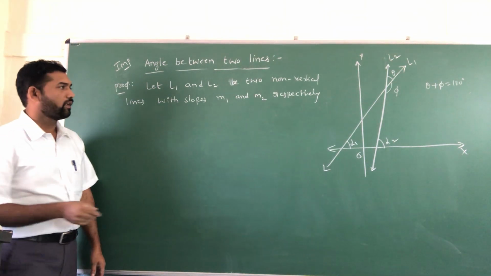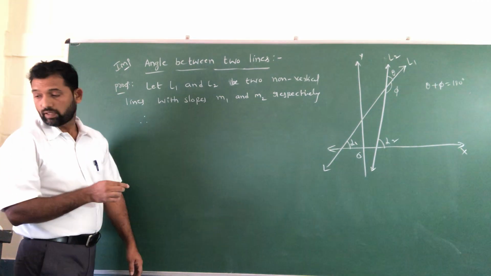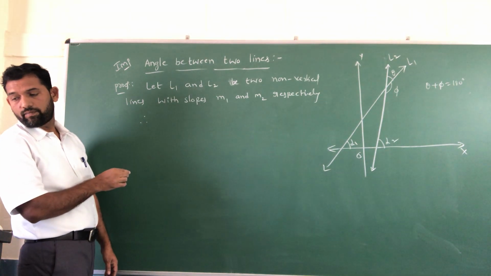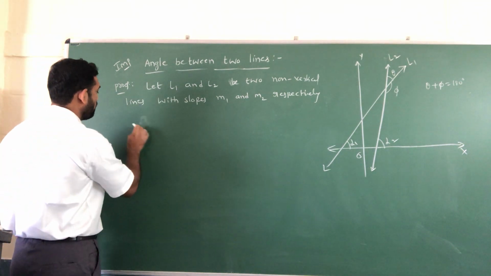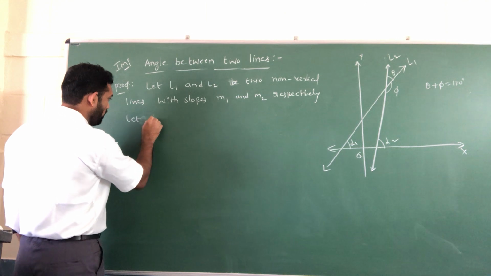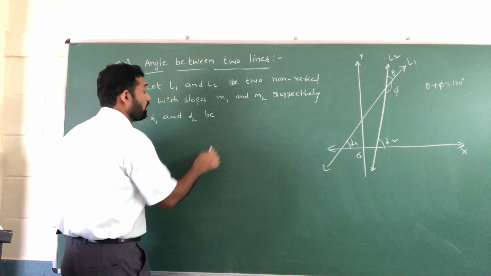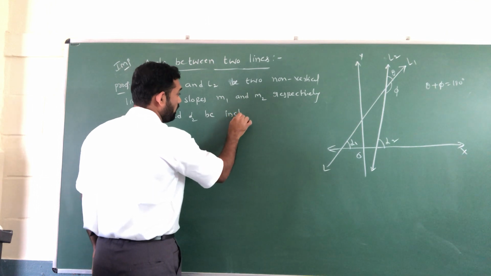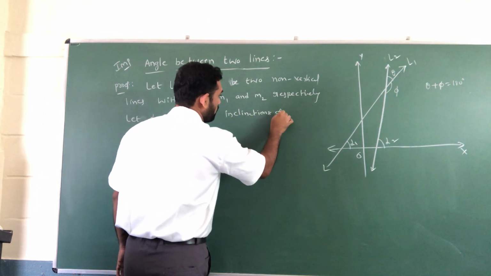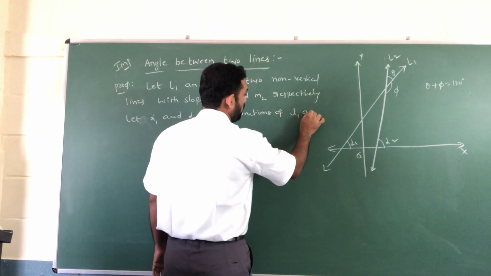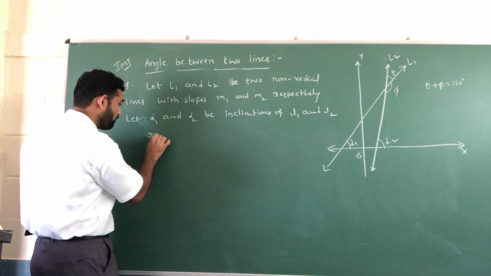Next, let alpha 1 and alpha 2 be the inclinations of L1 and L2 respectively.